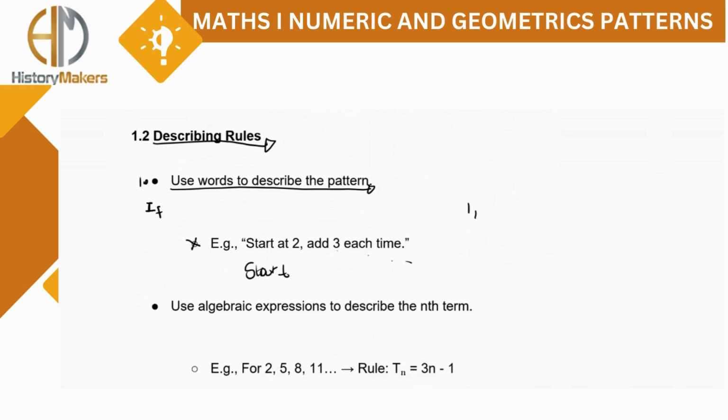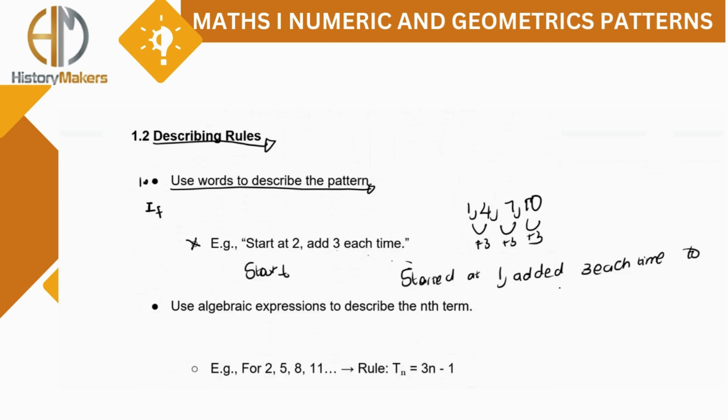For example, in the pattern that we did above, we added 3, we added 3, we added 3. So we started at 1 and we added 3 each time to get to the next value.